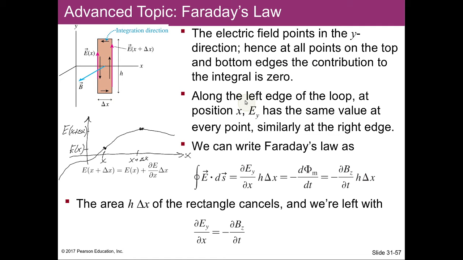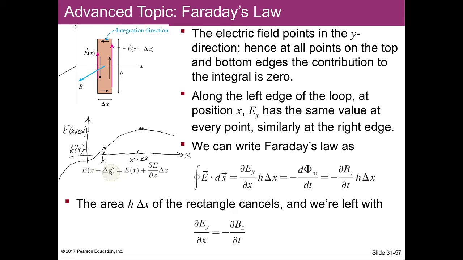Now along the left edge we have a constant field anywhere along this edge, and similarly on the right edge the field is constant, but it may be a different value, right? As we move in x, the magnitude of the field may be changing. So at this point it's useful to relate what the field on the right edge is compared to the field on the left side, and for that we just do a first order expansion.